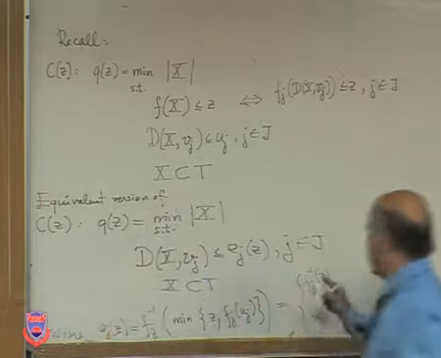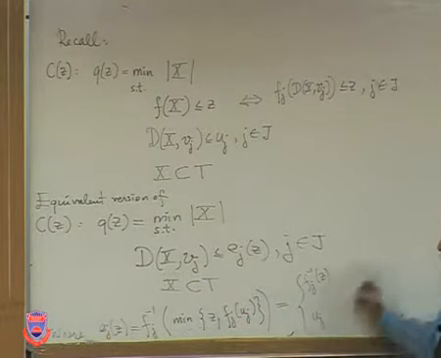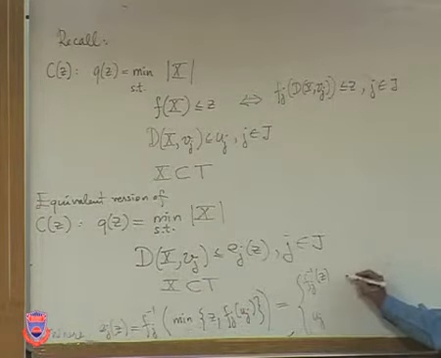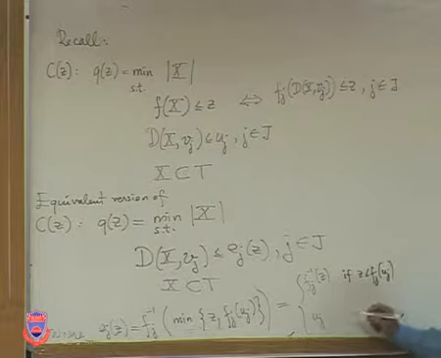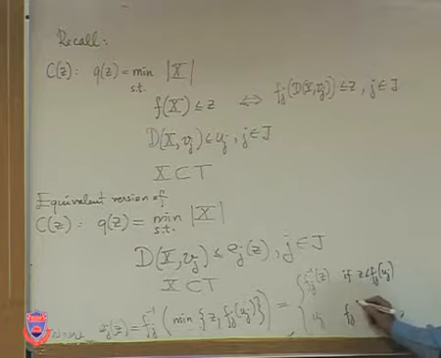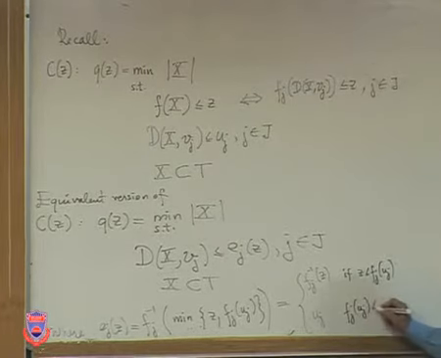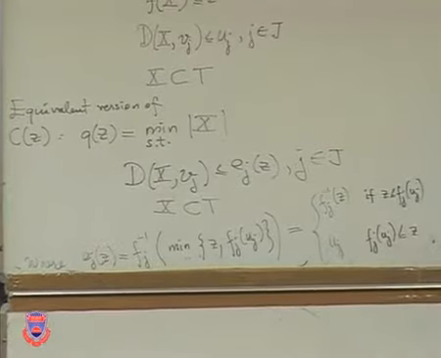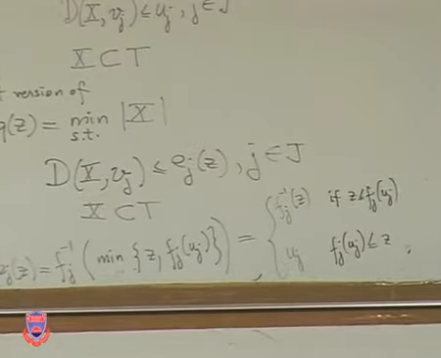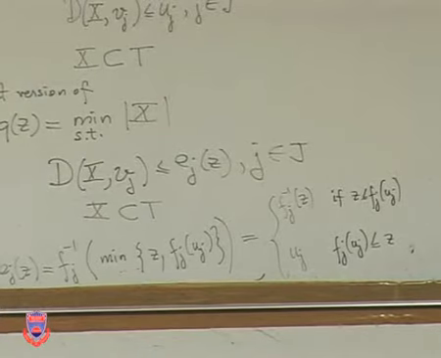It will output fj inverse of z if z is the minimizer here, and it will output the other one if fj of uj is the smaller one. I included equality in both cases because when they are equal, they give the same value. It doesn't matter.